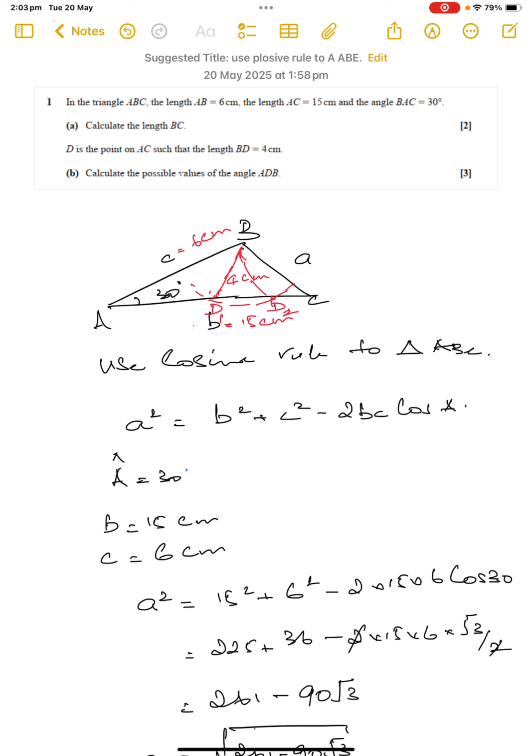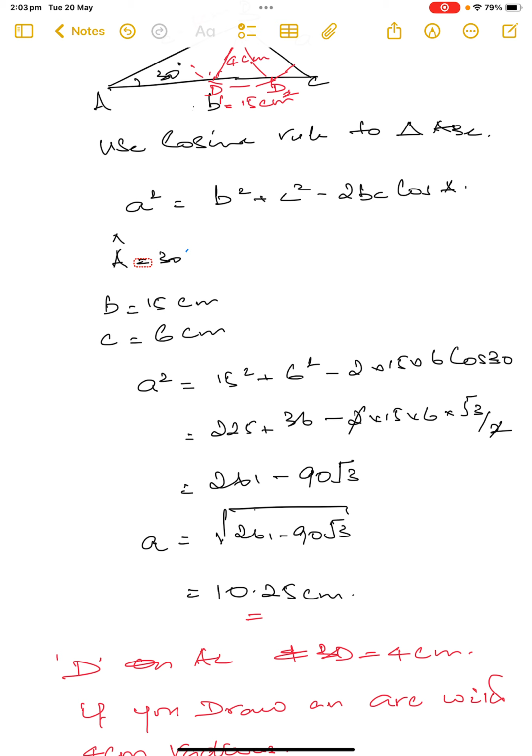So if you substitute those values, a squared equals 15 squared plus 6 squared minus 2 times 15 times 6 cos 30. 15 squared is 225 plus 6 squared is 36 minus 2 times 15 times 6 times cos 30, root 3 over 2. You should know.